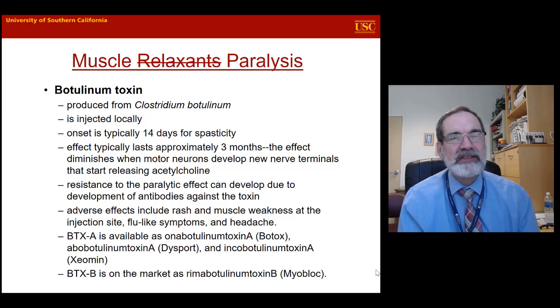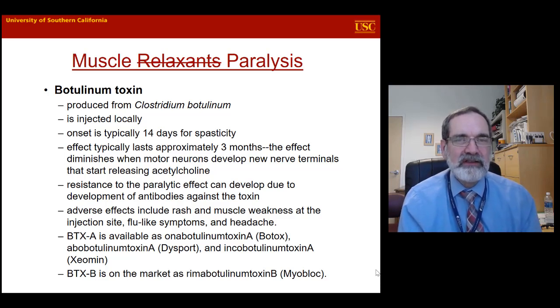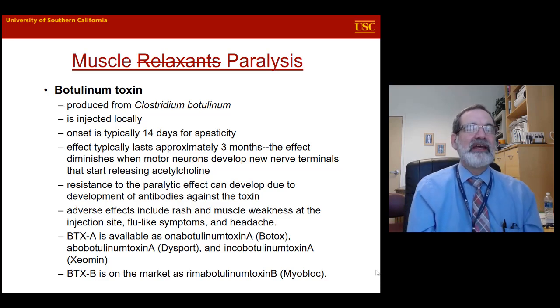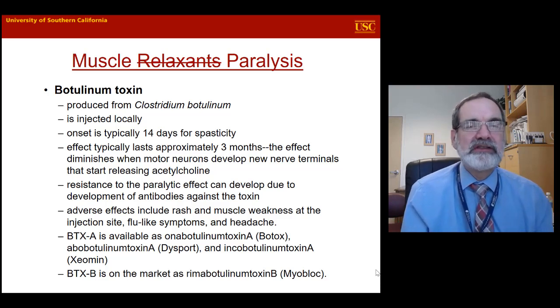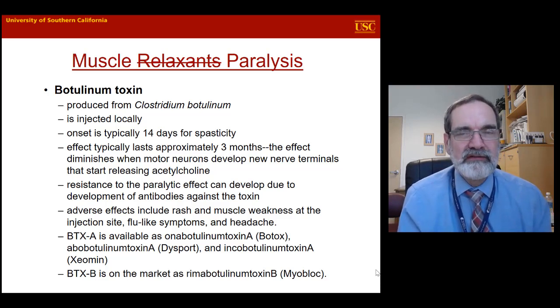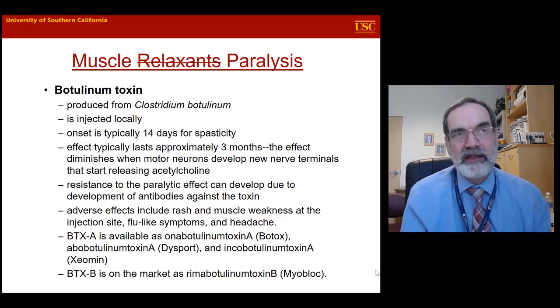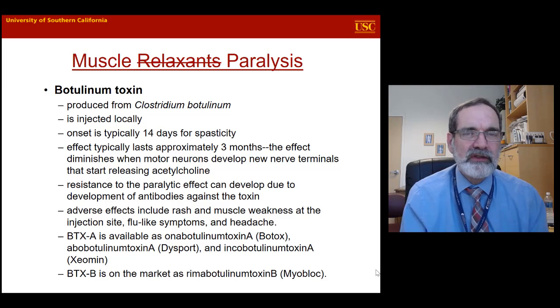But we can extract the toxin that is made by those bacteria and purify it and give it in tiny doses that can be injected locally. And those can, again, block the neuromuscular junction with an effect developing within a couple of weeks and lasting for at least 3 months.